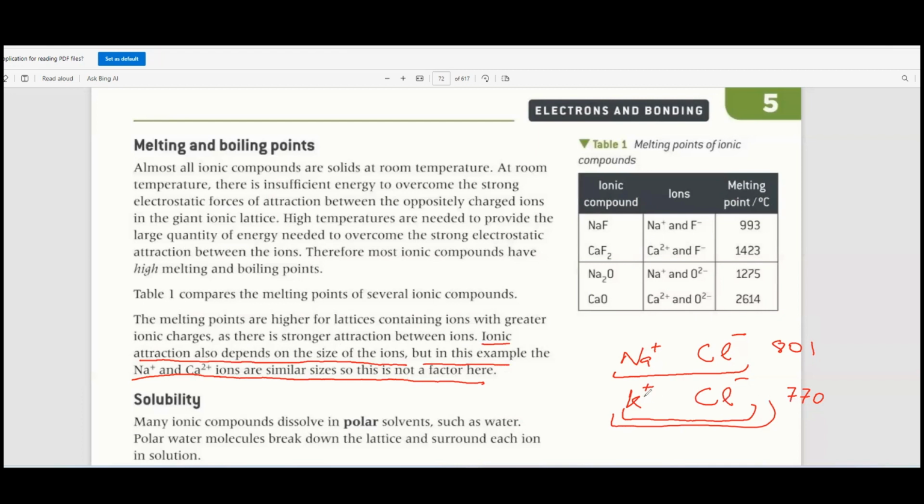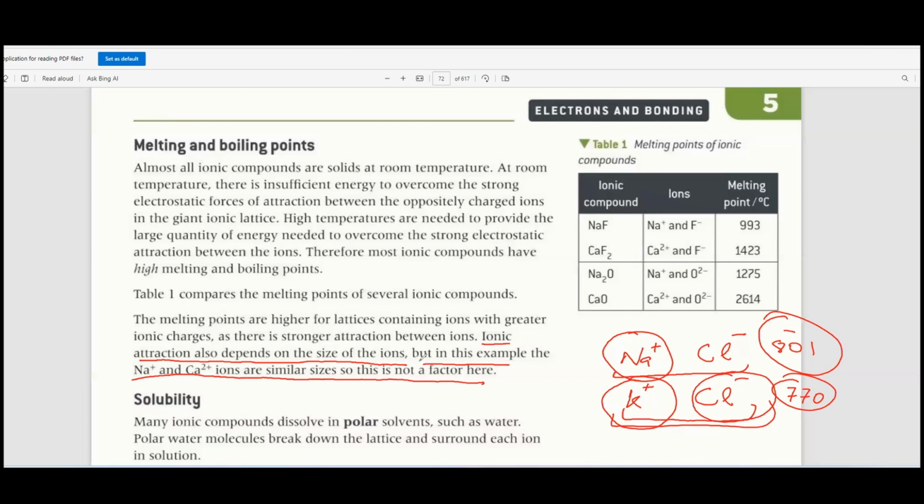The reason could be that the nucleus is further away from the outer shell, and it also has more electrons already, so there's a repulsion because of electrons as well. Sodium has fewer electrons, so it has more attraction between sodium and chlorine. That could be one of the reasons for the higher melting point. Potassium has more electrons, so there is some repulsion between chlorine and potassium electrons as well. So that's why it's lower.